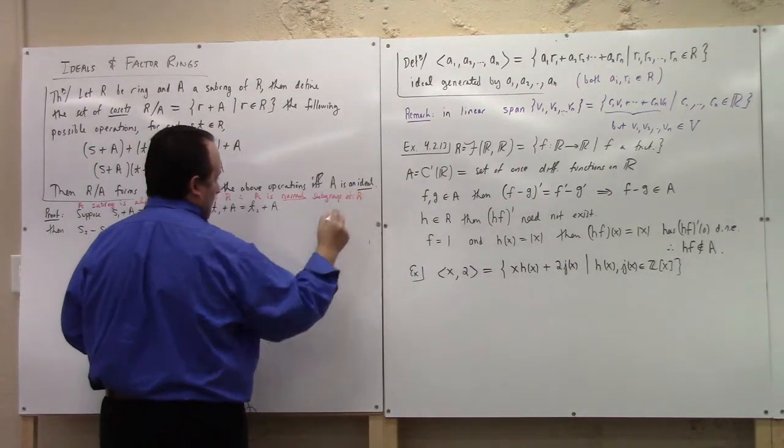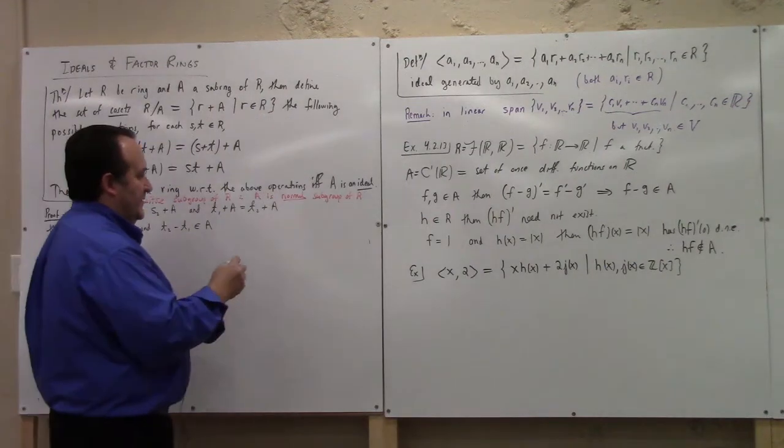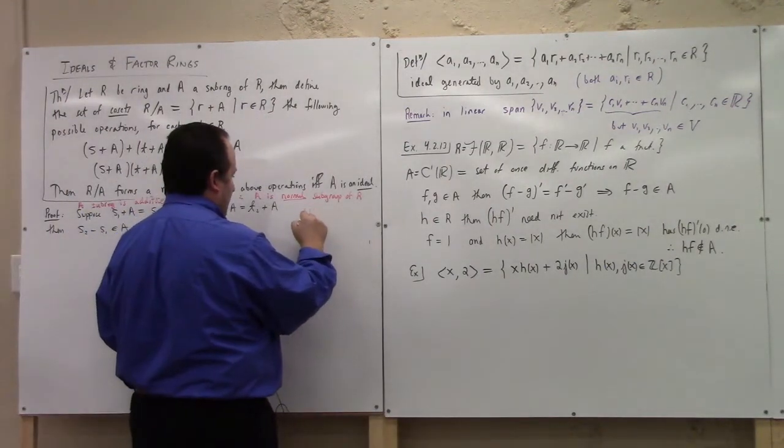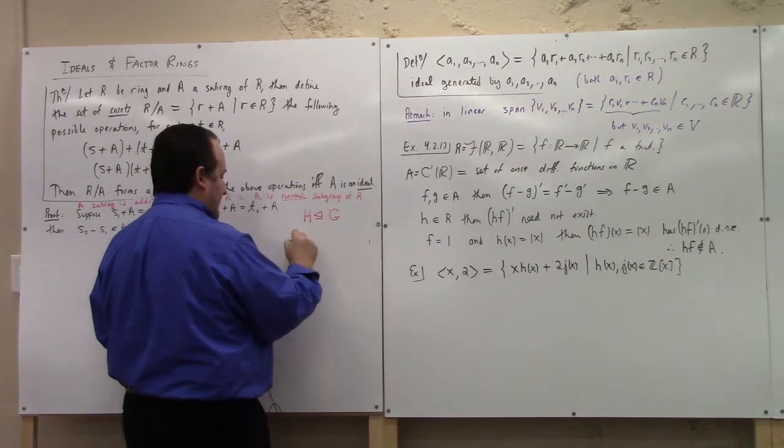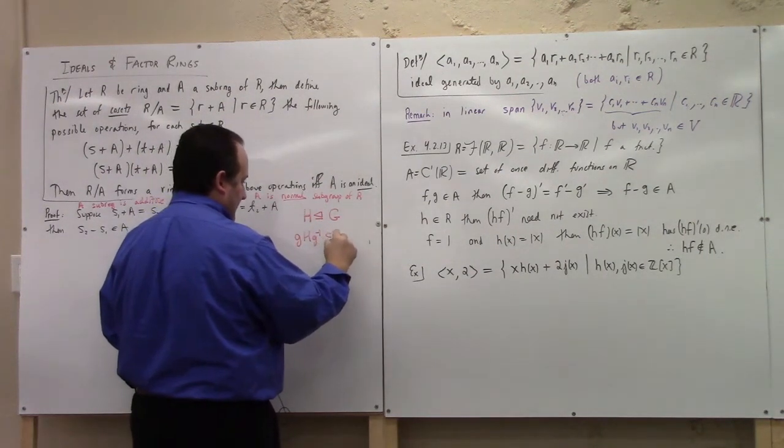I don't know if you did this in your abstract algebra. Did you talk about factor groups and normal subgroups? If you did factor groups, you had to do normal subgroups. In group theory, typically we say H is a normal subgroup of G. Yeah, we did that. That means that it's closed under conjugation, among other things, right?